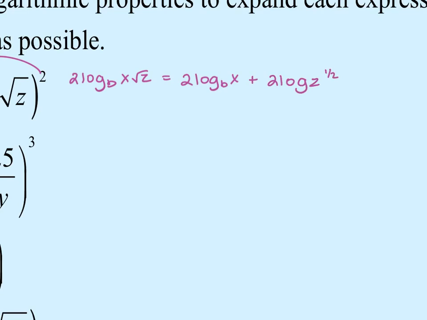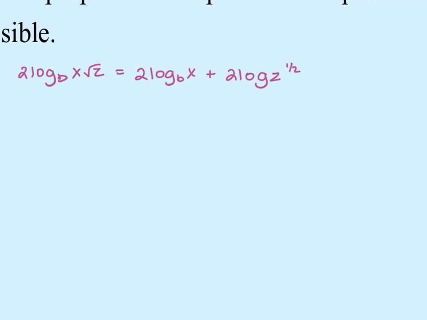Now what happens to that exponent? Goes to the front. 1/2 times 2 is 1, so 2 log base b of x plus log base b of z. Couldn't you keep it as a square root? Nope. A square root is just like an exponent, and an exponent can't be there when we expand.